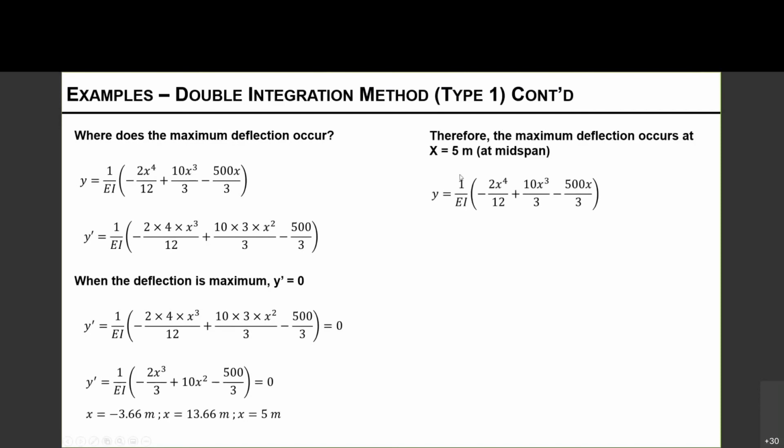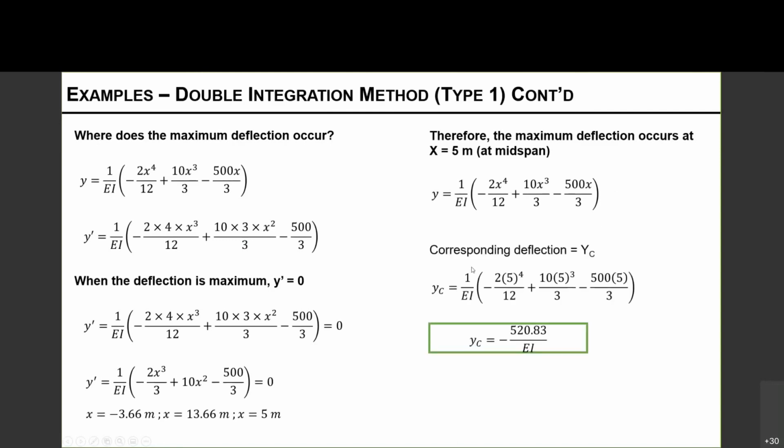Therefore, we will be able to find out what that maximum deflection is, because we have the function for the deflection. So what we do is we substitute x equals 5 into our deflection equation. This way, we will be able to get the maximum deflection of the beam, right?